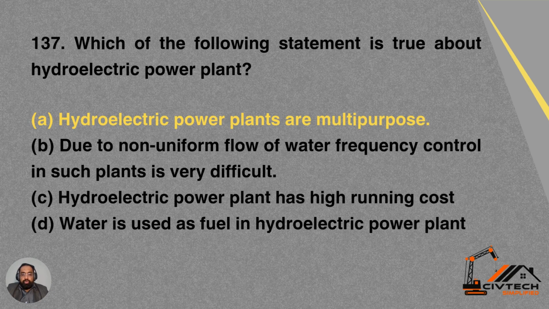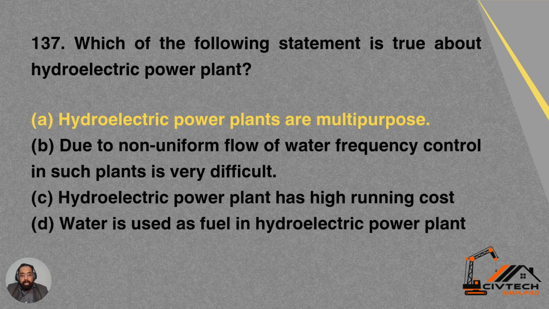137. Which of the following statements is true about hydroelectric power plant? Option A, hydroelectric power plants are multi-purpose. Option B, due to non-uniform flow of water, frequency control in such plant is very difficult.